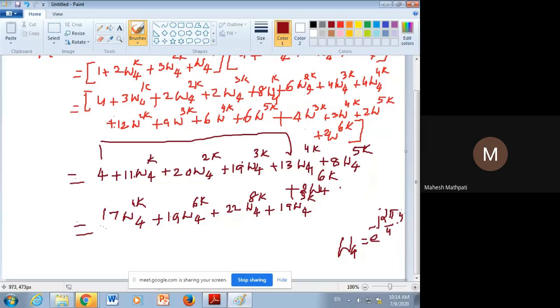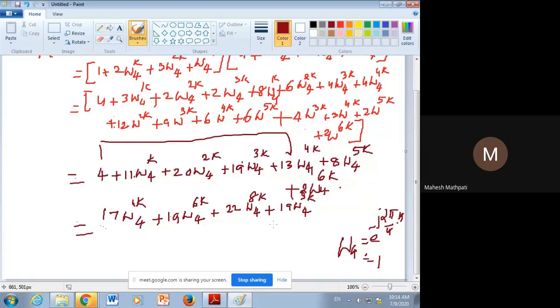What is the answer? This 4 gets cancelled. So e power minus j 2 pi. What is the answer of this? 1. So W4 to the power 4k will be 1.